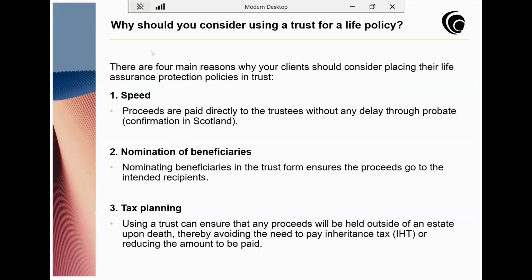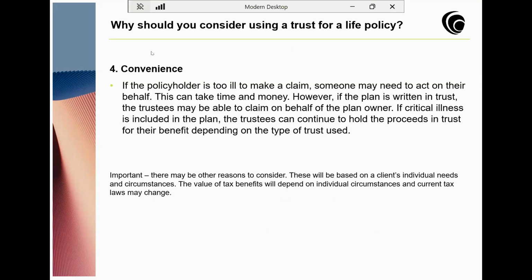You can nominate who you wish. The proceeds can be held outside the estate for IHT, and next screen, it really provides greater convenience. So should you fall ill, if you have critical illness written into the policy, then the trustees can act on your behalf and deal with the claim on your behalf.